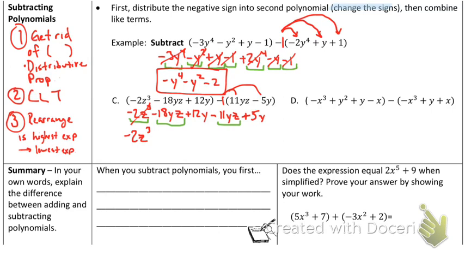Combine those like terms, so negative 18 and negative 11 gives us negative 29yz. Then cross them out because we are done with them, and we move on to the next term. We have 12y and we have 5y. They both have y, so we're going to combine those. Positive 12 and positive 5 gives me positive 17y.